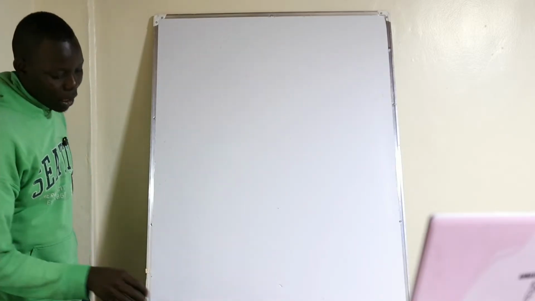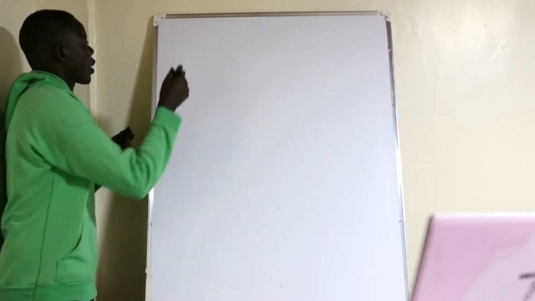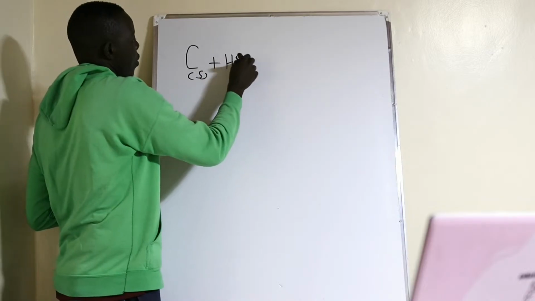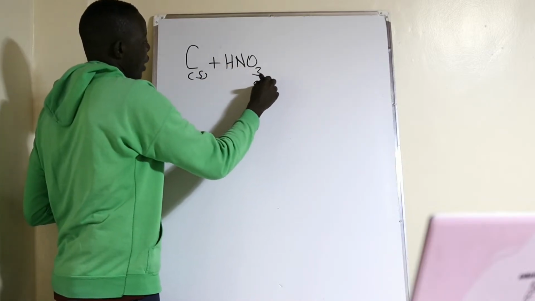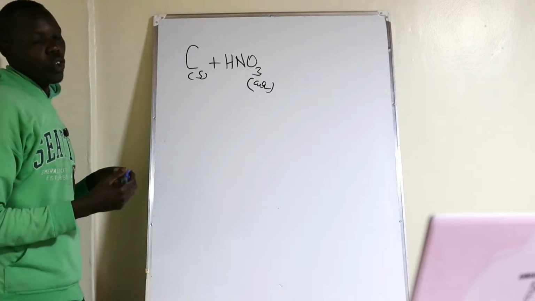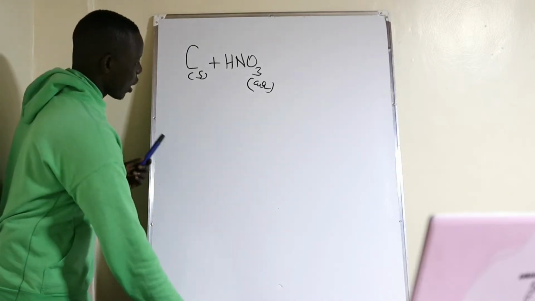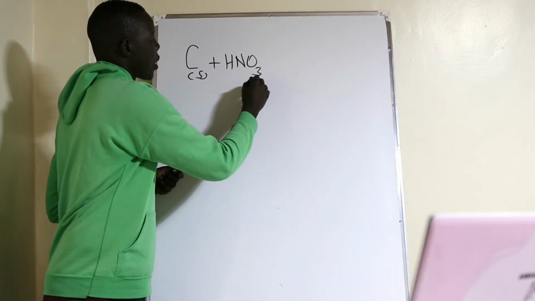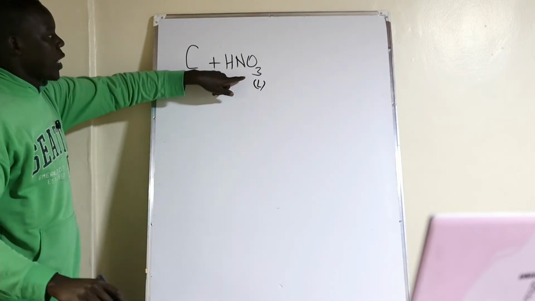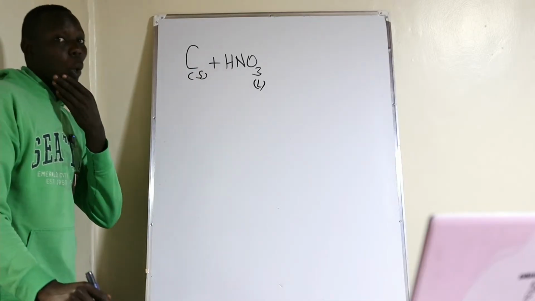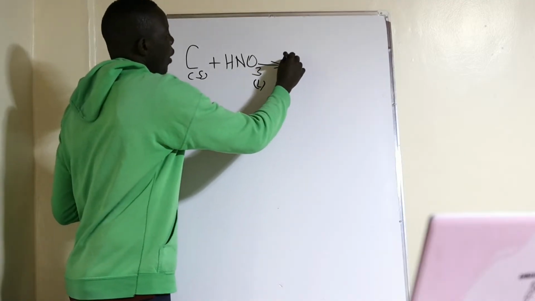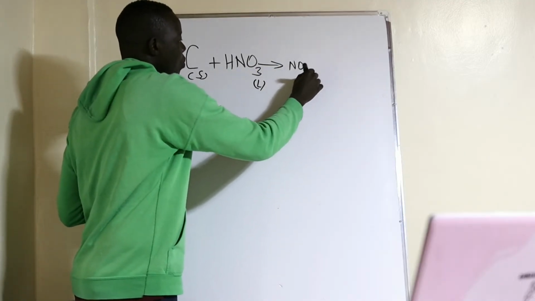Carbon plus nitric 5 acid will give us gases and a liquid, which is water. So we have carbon here plus HNO3, which is concentrated. By the way, whenever you see an acid as aqueous, know that it is dilute. If you see it as L, know that it is concentrated. Now it is going to give us NO2 gas.